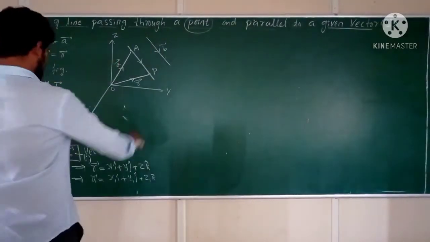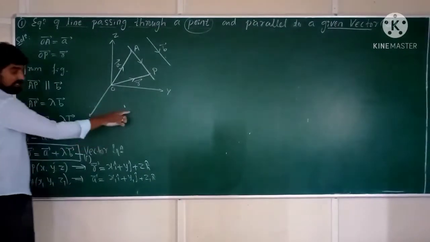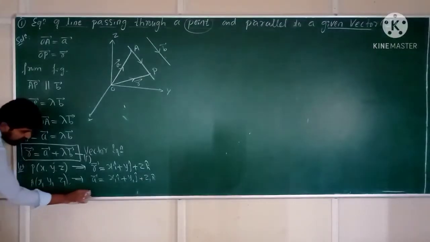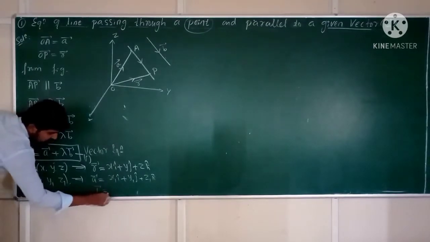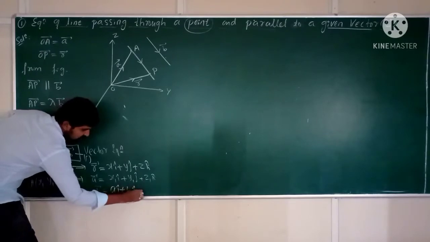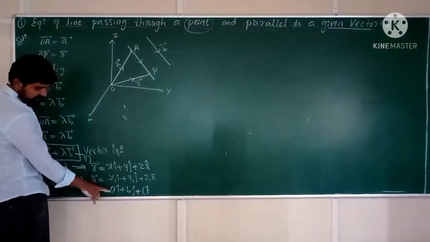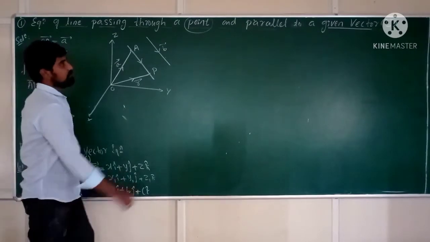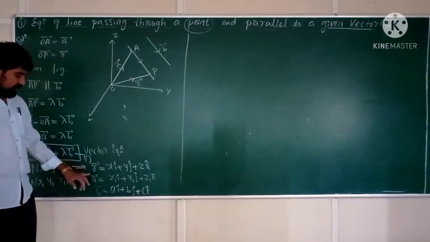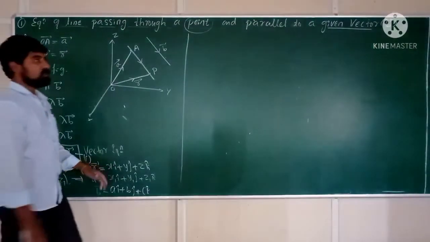And the direction ratios of the vector B are a, b and c. It means vector B equals ai plus bj plus ck. Here the direction ratios are a, b and c. Substitute these R vector, A vector and B vector in equation 1.